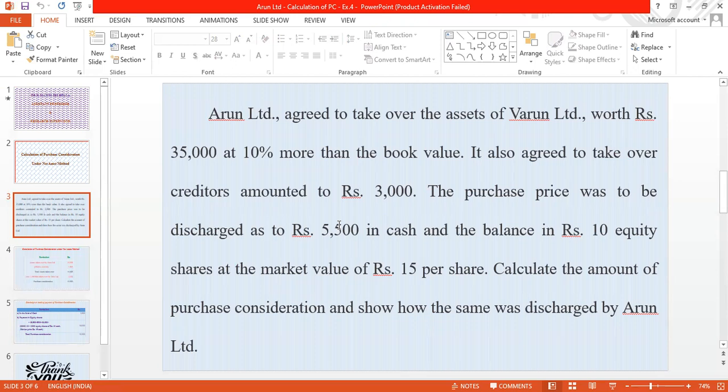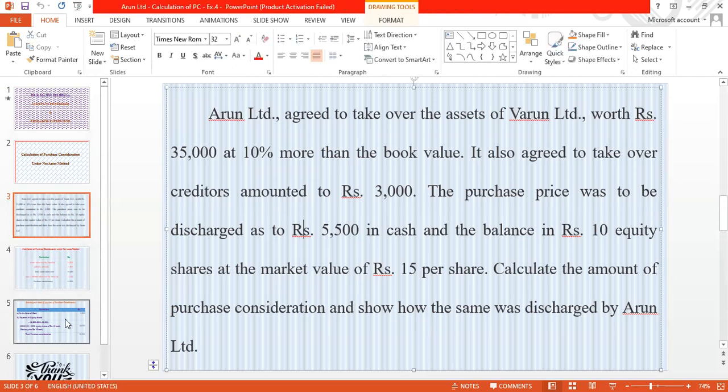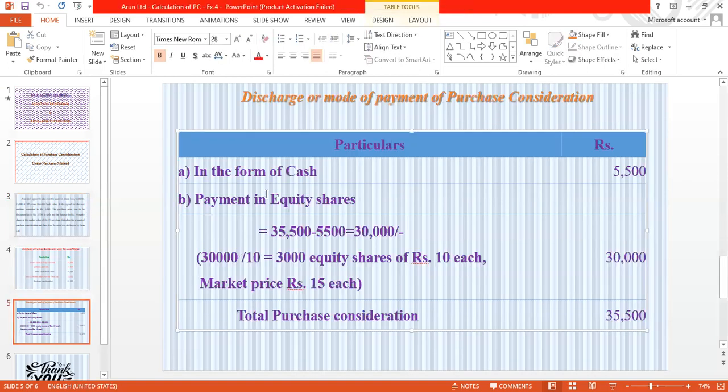So the cash is how much? 5,500. We write it in the form of cash in the amount column, 5,500. Then in the form of equity shares, total purchase consideration 35,500 minus cash 5,500, the balance amount is 30,000. This 30,000 they are going to give in the form of equity shares, as mentioned in the question. So 30,000 divided by 10. Why?